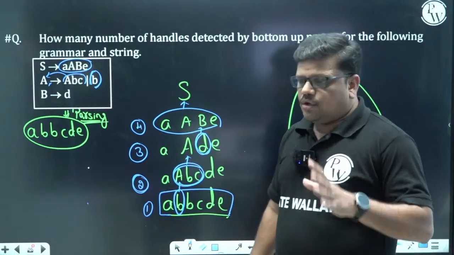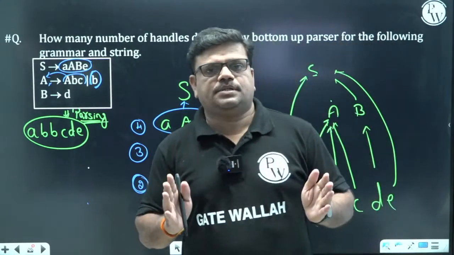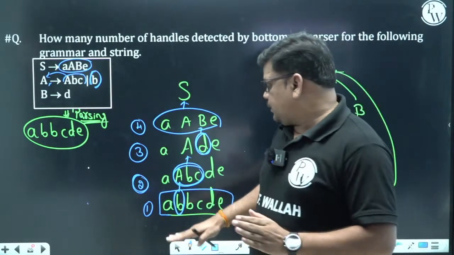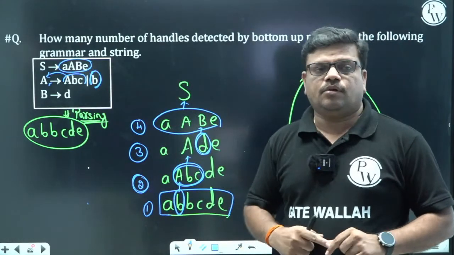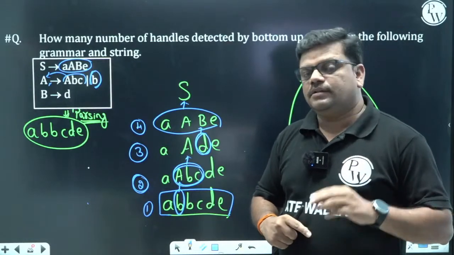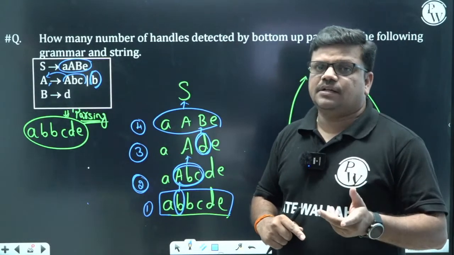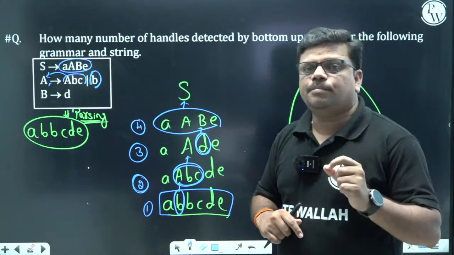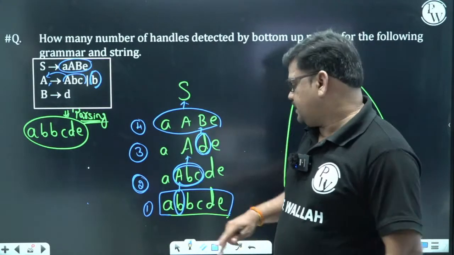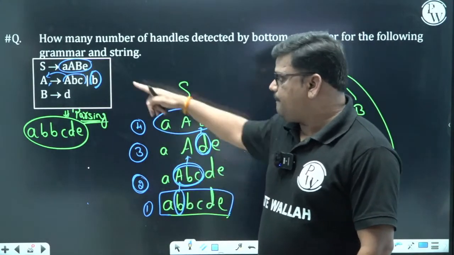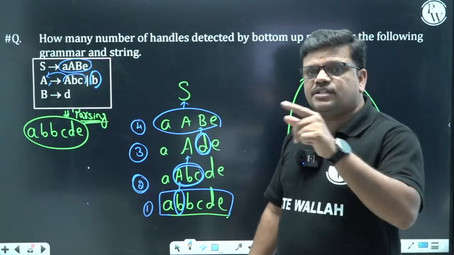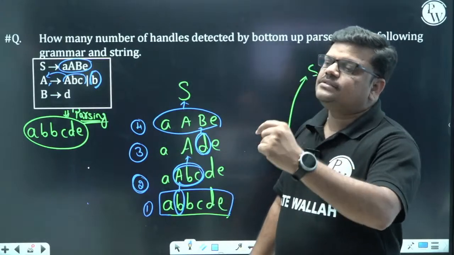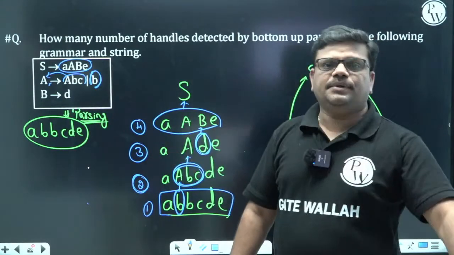So the core concept of bottom up parsing is to verify whether the given string is a member of the given grammar or not. That is called parsing. At every step, the bottom up parser is doing only one thing: checking whether any substring matches the grammar right hand side part. If it matches, its left hand side non-terminal replaces that substring.